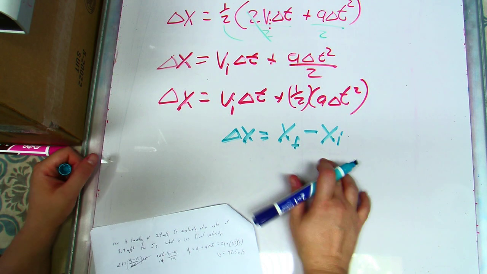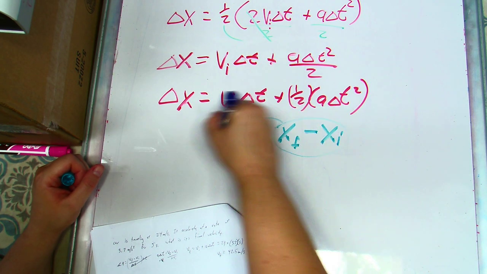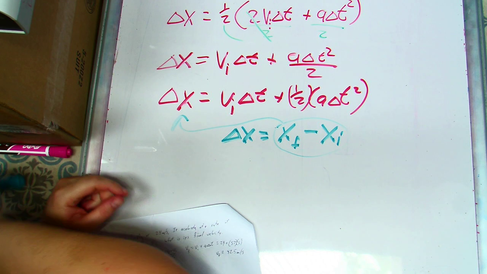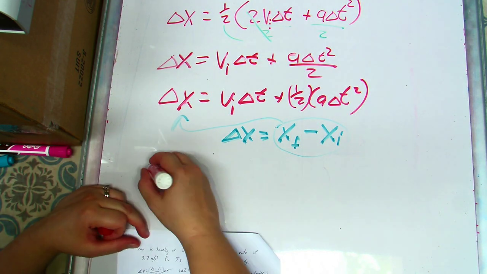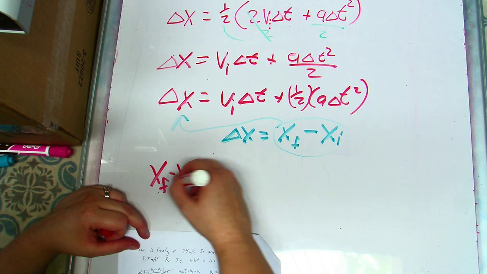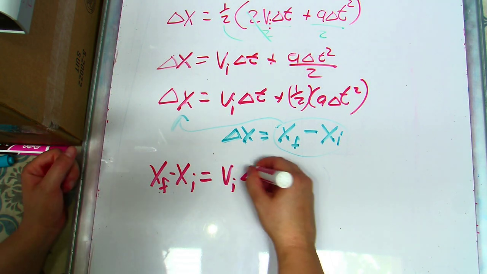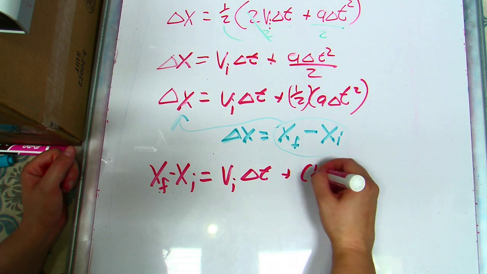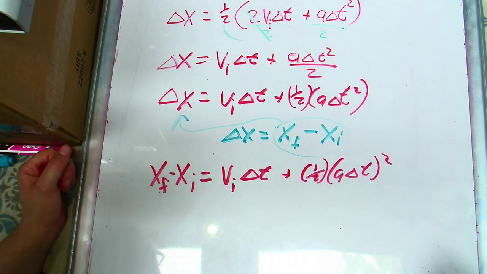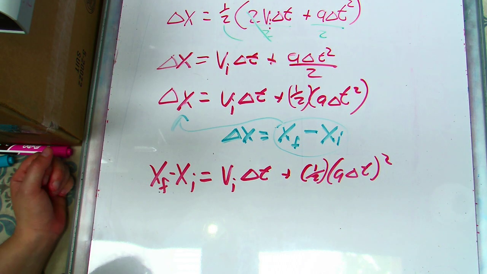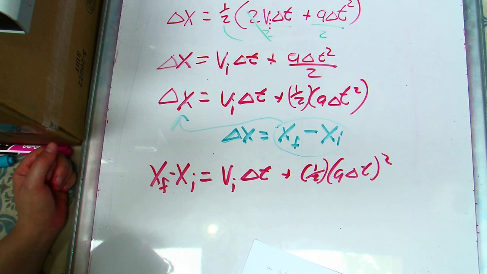So if delta x equals this, I can take this and plug it in for delta x. So we have xf minus xi equals vi delta t plus 1/2 a delta t squared. Don't worry, I promise, we are almost done.